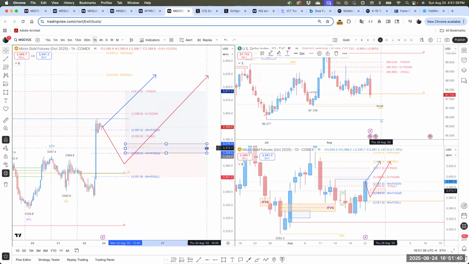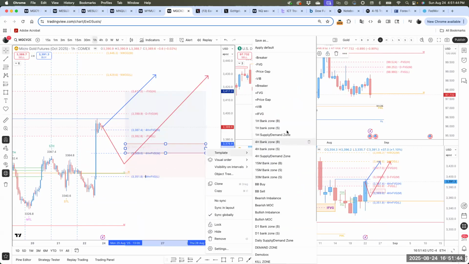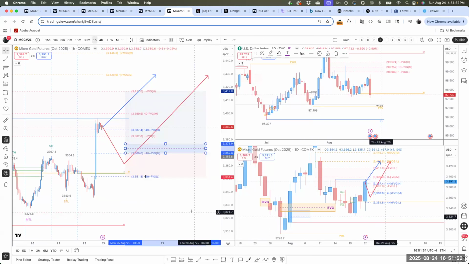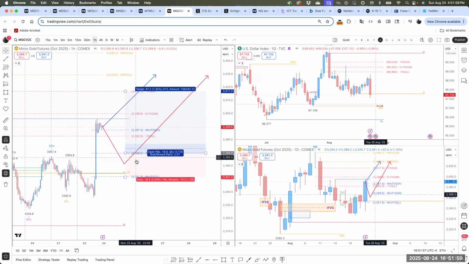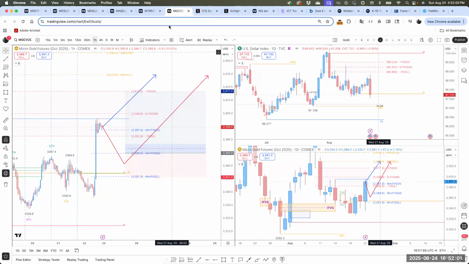If I don't take the sell, which I probably won't. If I take the sell, I know that it'll just be a temporary trade just to get down to this area and see how we respond. Right?